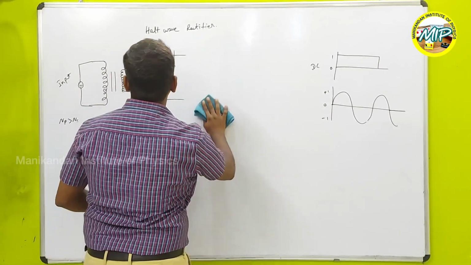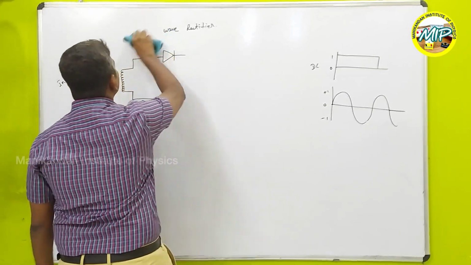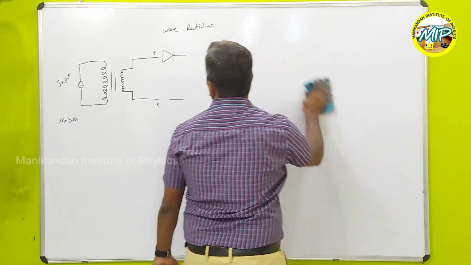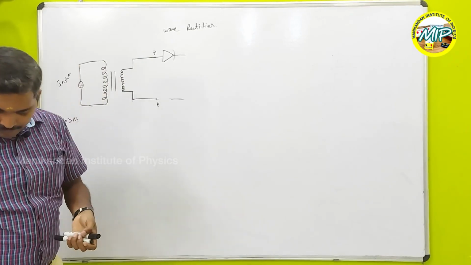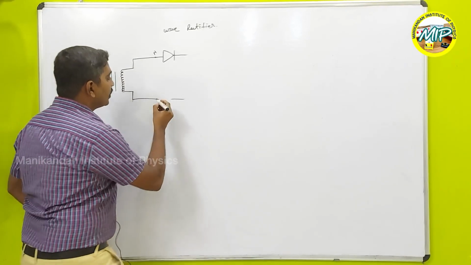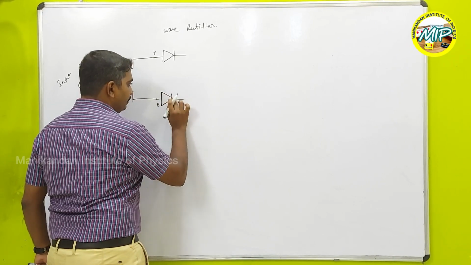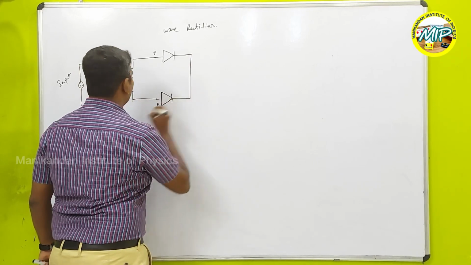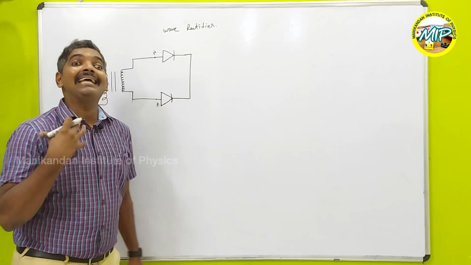So I am going to do some modification here. Up to this point it is the same thing here. So I am going to connect another PN junction diode here for the full wave rectifier. Next important parameter here, we have a center tap.